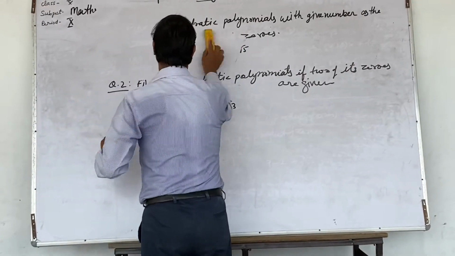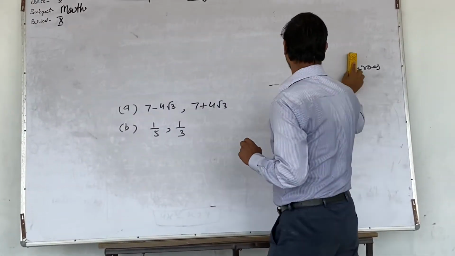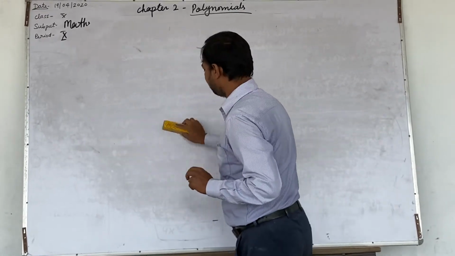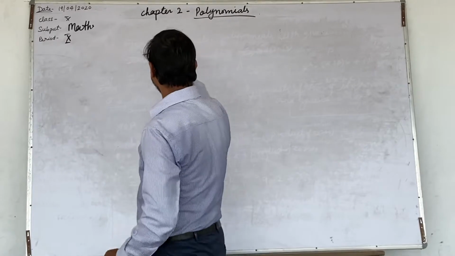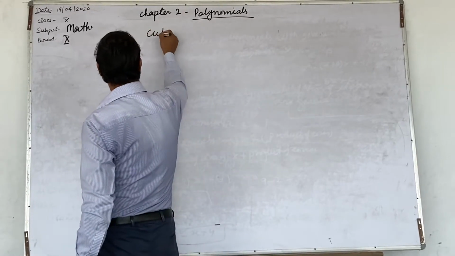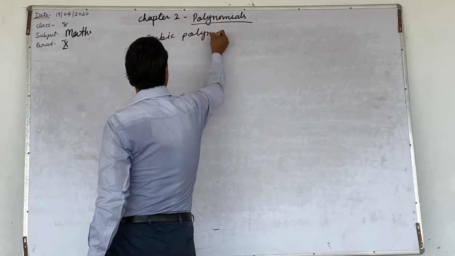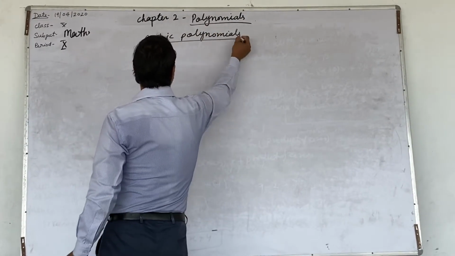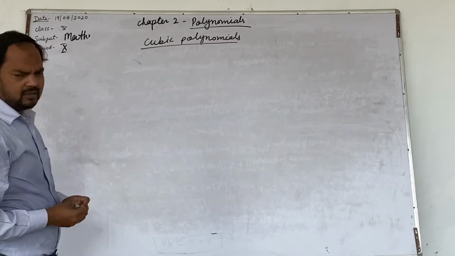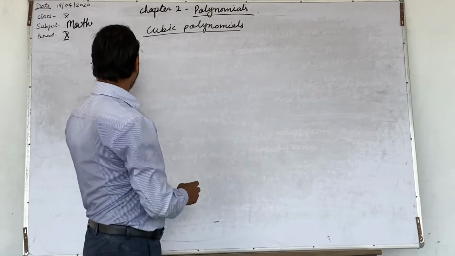Next topic is this thing, which also applies to the process for a cubic polynomial. As we know, a polynomial with degree 3 is called a cubic polynomial.